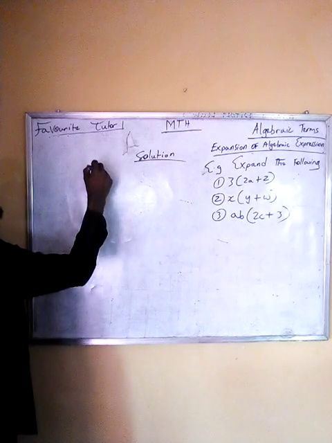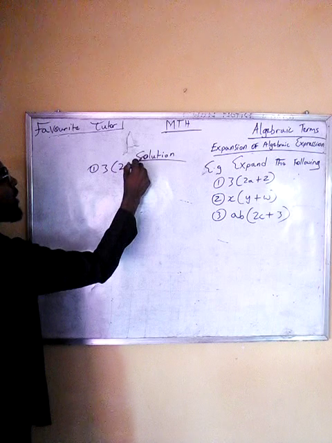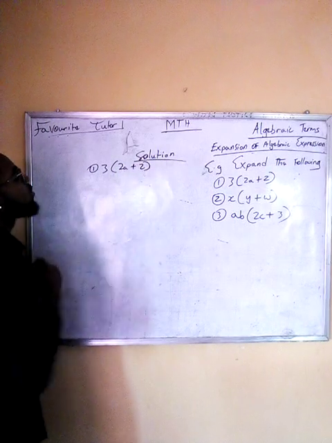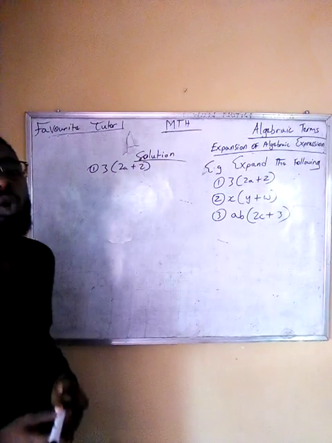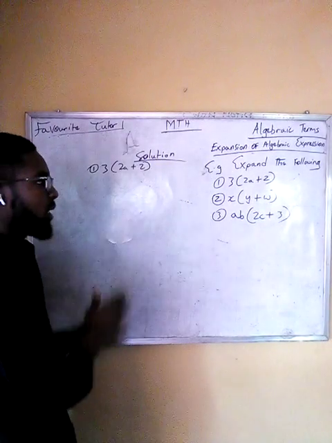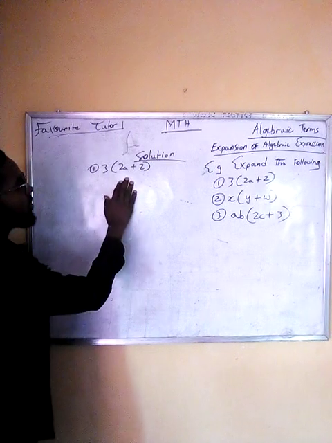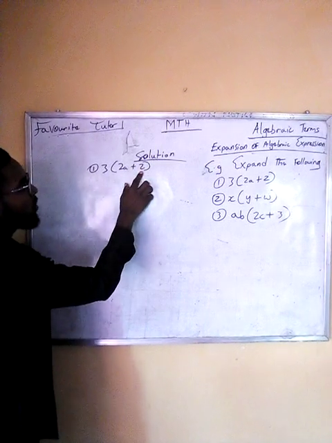The first one, number 1, 3 bracket what? 2a plus what? 2. All right, for us to open the bracket, remember, according to BODMAS, the bracket comes first. Now, if we check, see what is in the bracket: 2a plus 2.